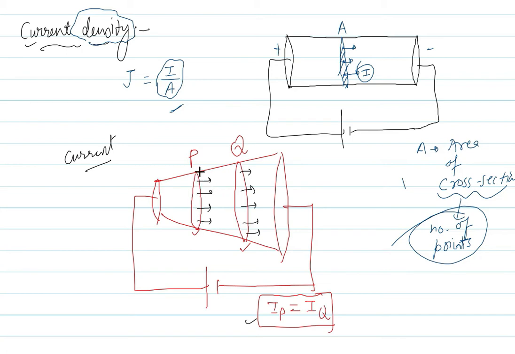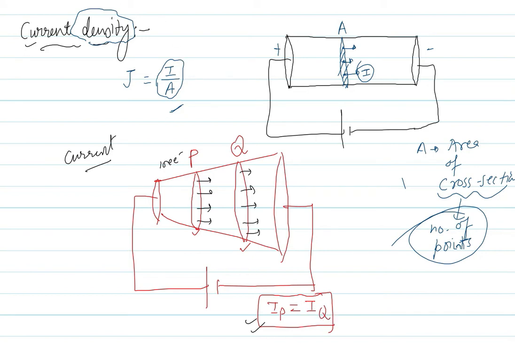So suppose in some time 100 electrons are passing through area P, the same number of electrons must have passed through area Q as well. That number cannot be greater than 100 nor lesser than 100, right? So this is in accordance with law of conservation of charge. So we have to say that Ip equals Iq, in favor of law of conservation of charge.